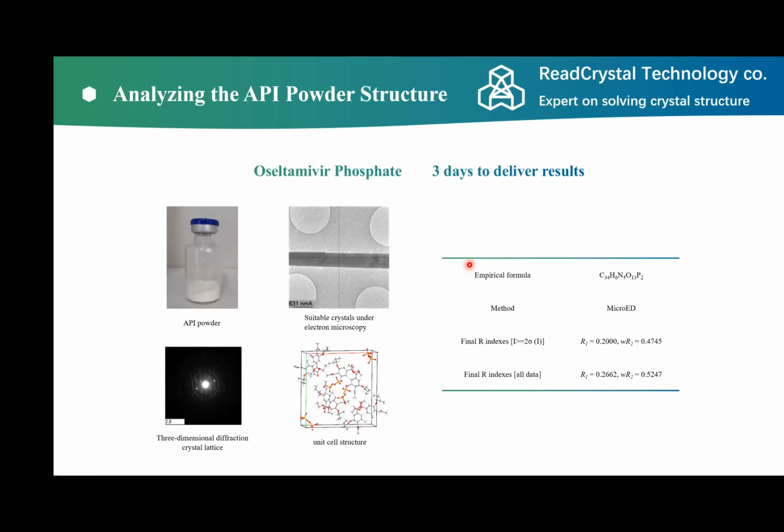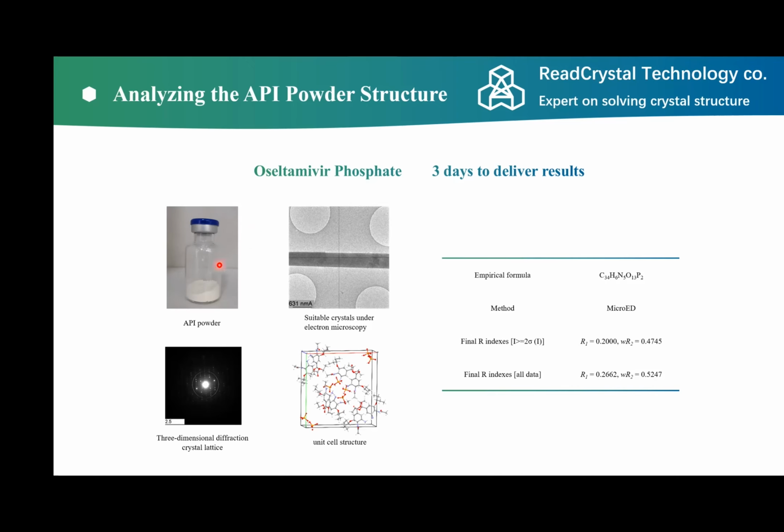Then the third example would be analyzing an API powder structure. Determining structure from crystals is done by using crystallography. Crystallographic technology is the gold standard in the pharmaceutical industry.